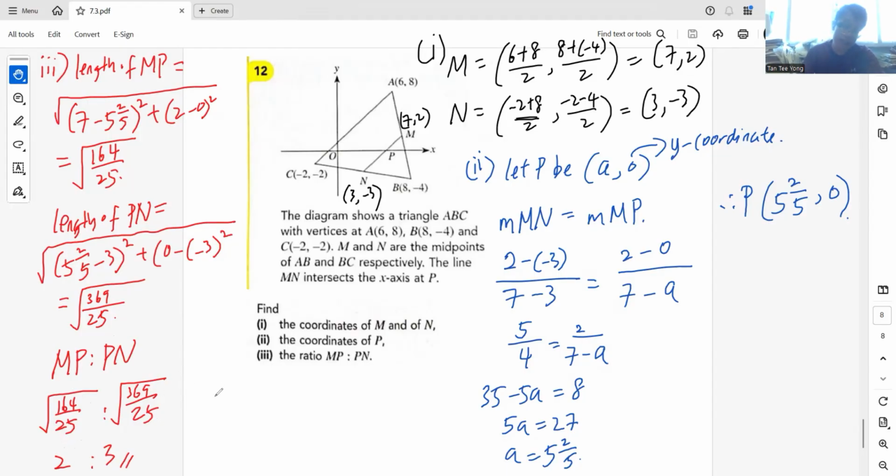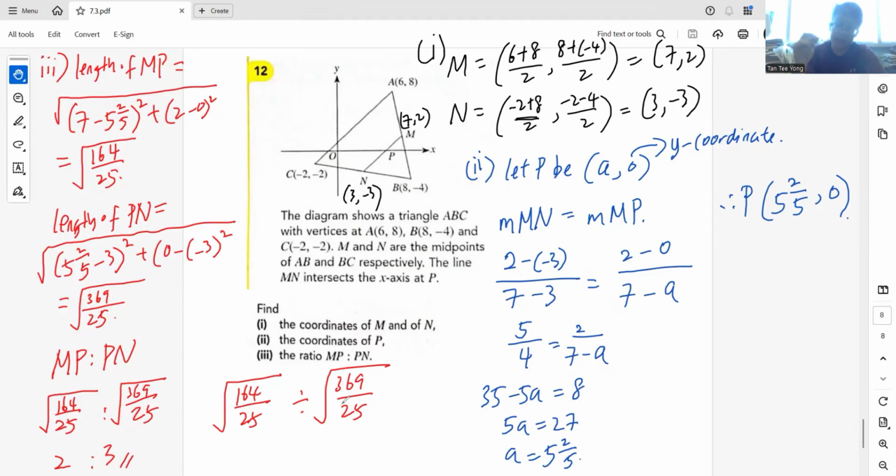So how do you key this in? You should key in square root of 164 over 25 divided by square root of 369 over 25.